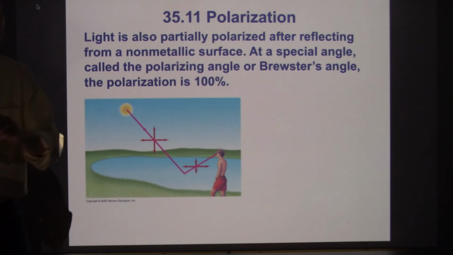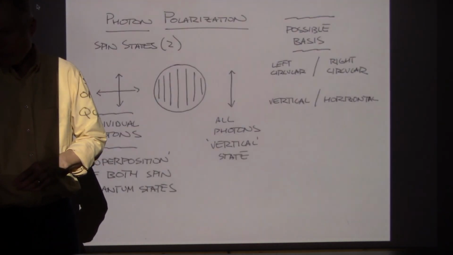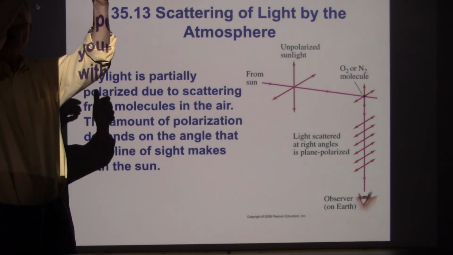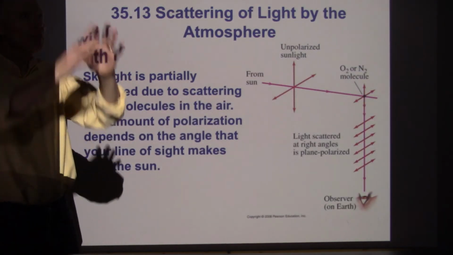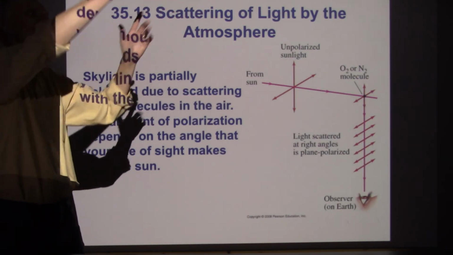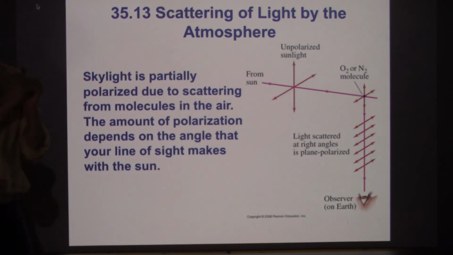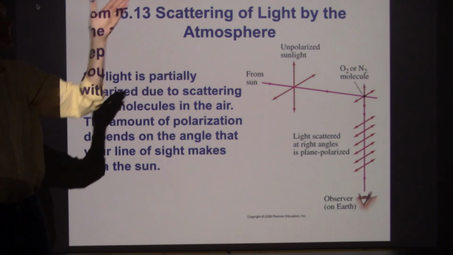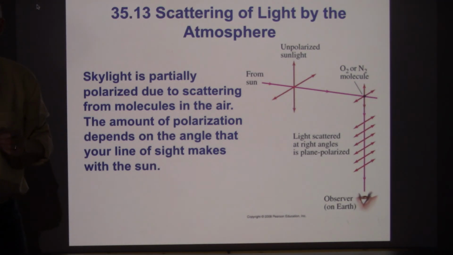Now another thing to be aware of is with the sky, the molecules of air in the sky also polarize sunlight. So if I'm looking right at the light from the sun, that's got both polarizations present. But if I'm looking away from the sun, I'm looking at light that ran into some air molecules over here and then came my way. If the light hit a molecule and scattered at a sharp angle, then that preferentially picks out the polarization shown in this diagram.